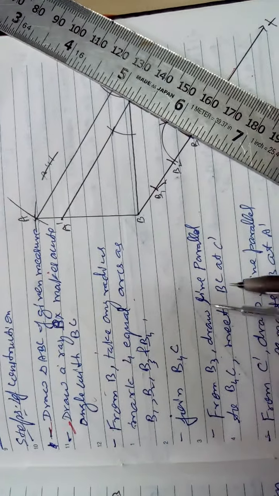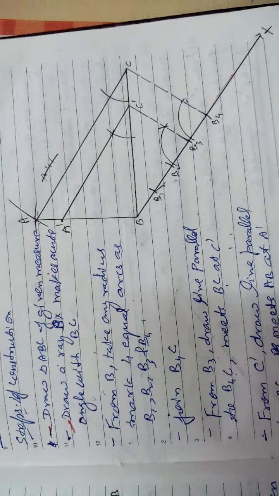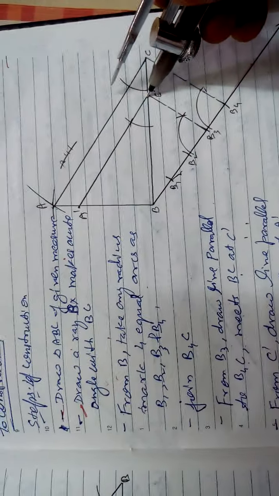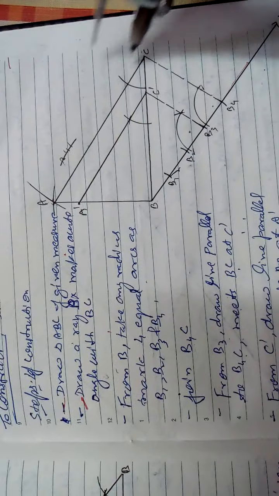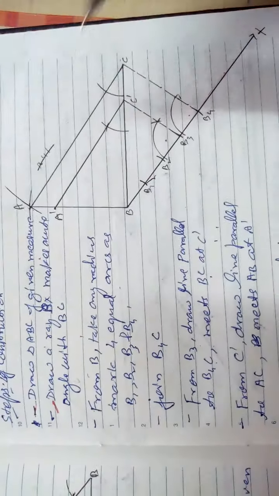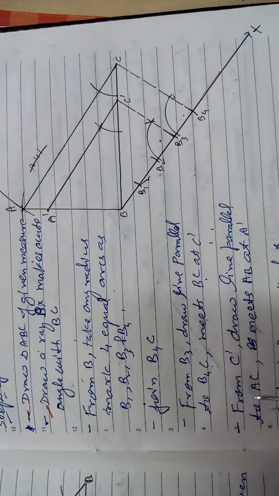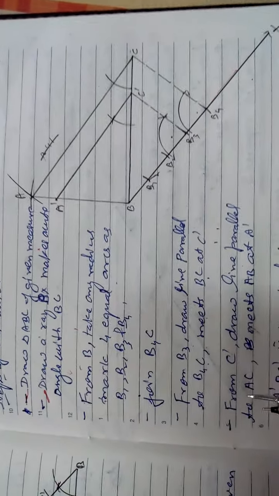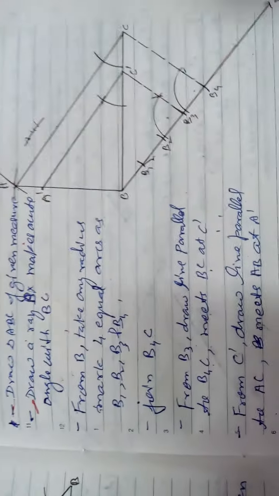So it meets BC at C dash. Now next step, from C dash, same process as you have done here, draw a line parallel to AC, meeting AB at A dash. How will you draw?